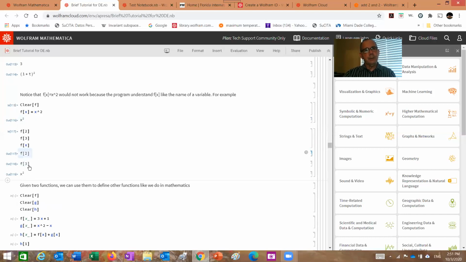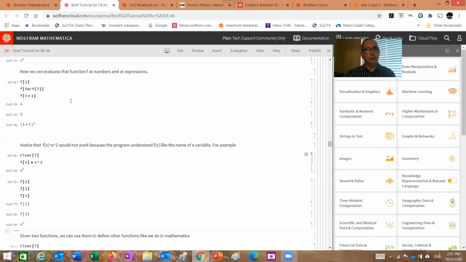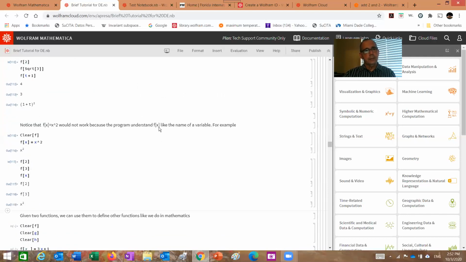It returns f of 3 because it doesn't know how to find f of 3, but it returns x squared because it knows that f of x can always be replaced by x squared, because this is what this equality is telling the program. So this emphasizes the importance, when you are defining a function like I did here, of putting the underscore right after the x in the left side, not in the right side, only the left side.